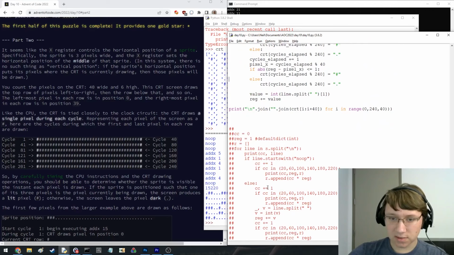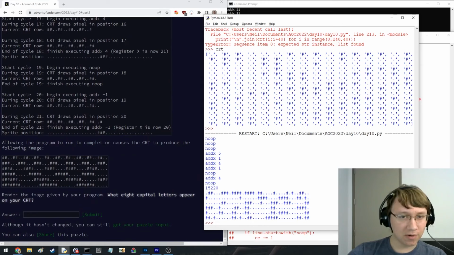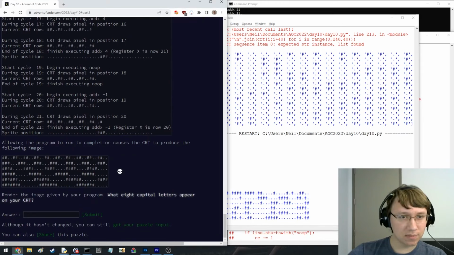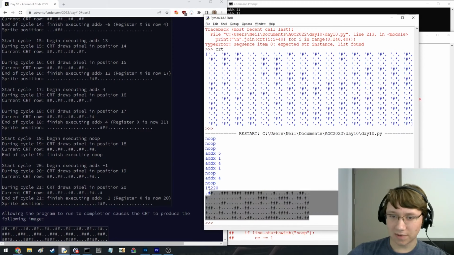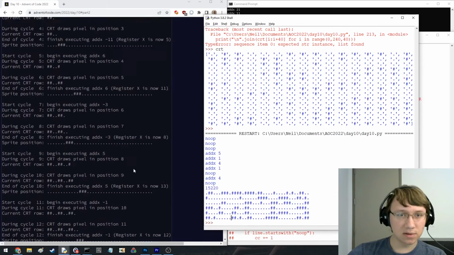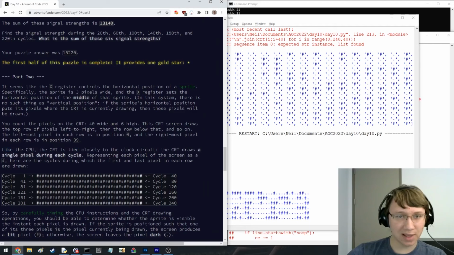Are these letters? They kind of look like letters, but kind of don't. I don't know if I have a slight bug or not. Let's see. Should have 6 rows, which I do. Yeah, these don't look quite like letters. I probably have a slight bug here.